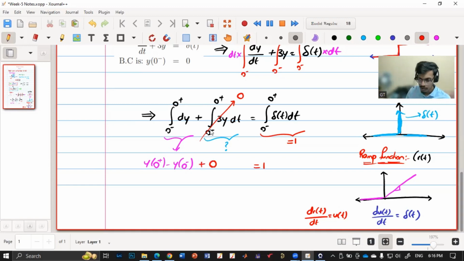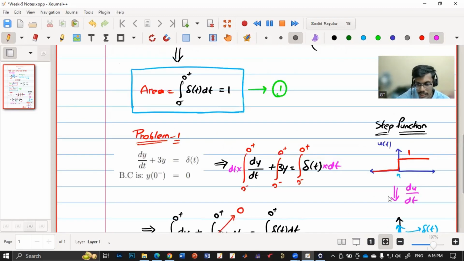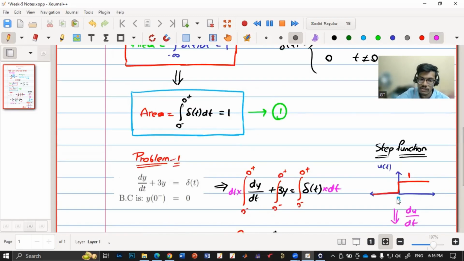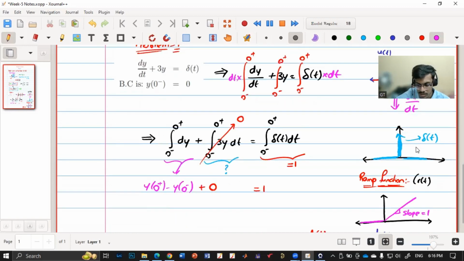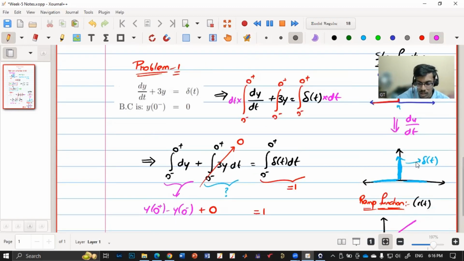Why? Because again, there is this function r(t), the ramp function, which has a slope equal to 1. If we differentiate that, we get the unit step function, which has a discontinuity at t equals 0. If we differentiate that, we get the impulse function delta(t).